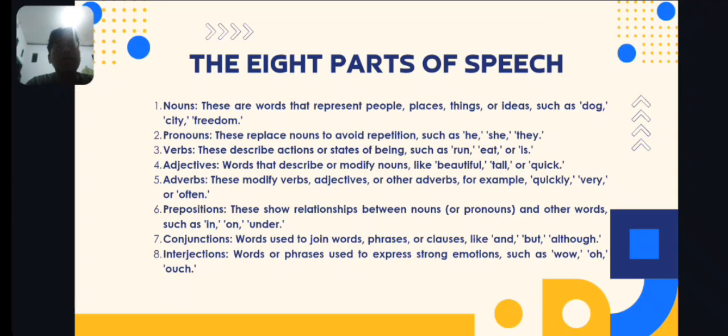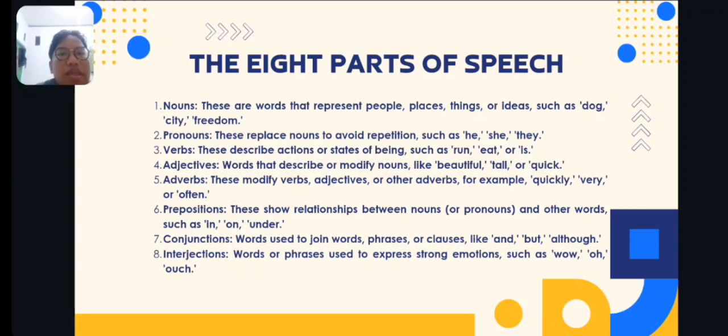These replace nouns to avoid repetition, such as he, she, they. Verbs. This describes action or states of being, such as run, eat, or is. Number 4 is adjective. Words that describe or modify nouns, like beautiful, tall, quick.